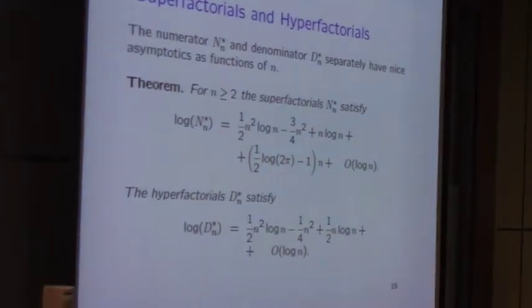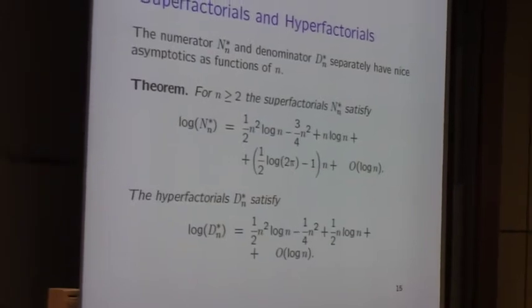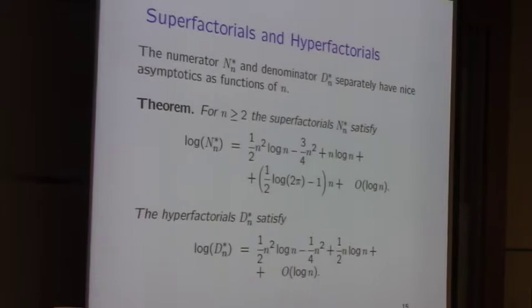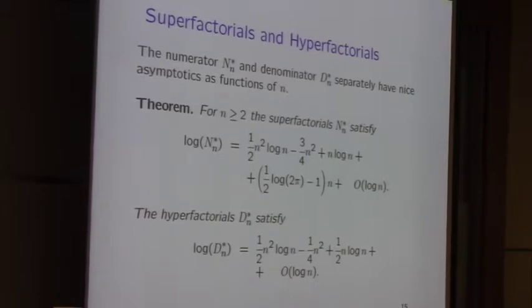But it does mean that we can get the following asymptotic expansions for the superfactorials and hyperfactorials. So everything above the constant term in the expansion you can just get using log gamma. And for this talk, that's all I need. You get log n factorial is 1/2 n squared log n minus a constant times n squared.